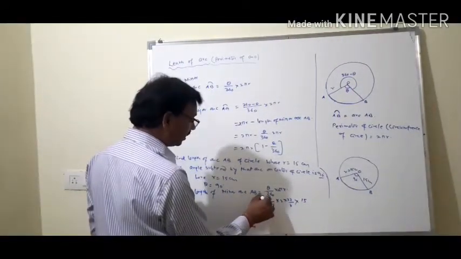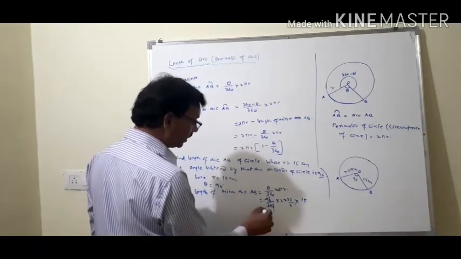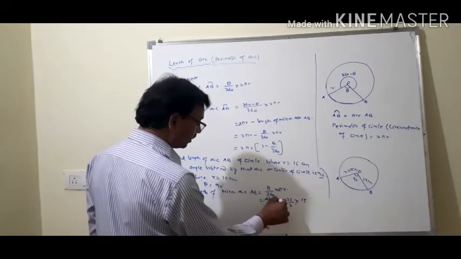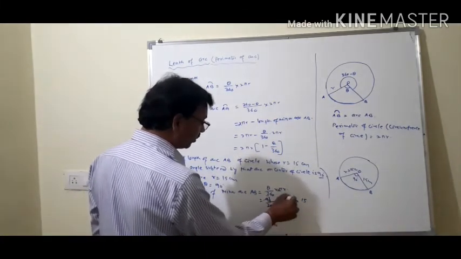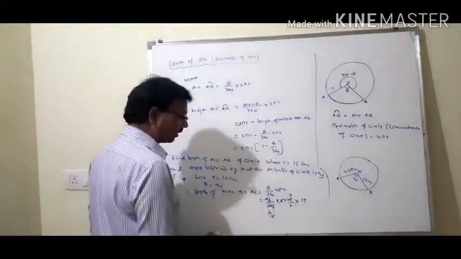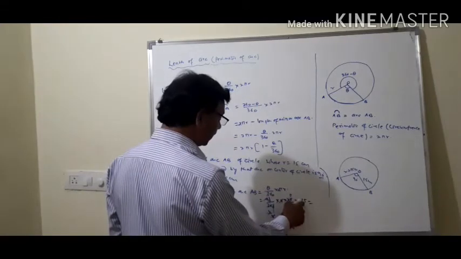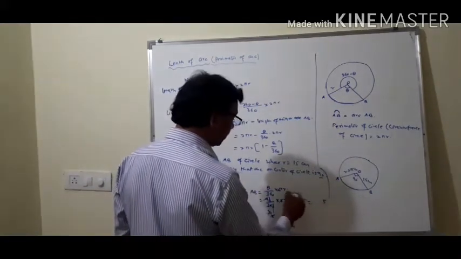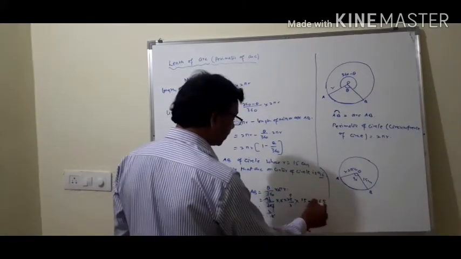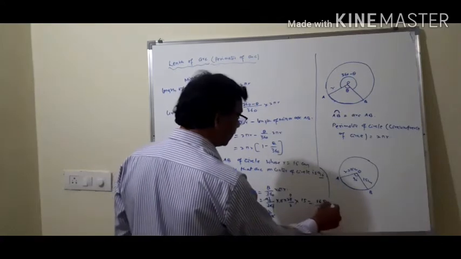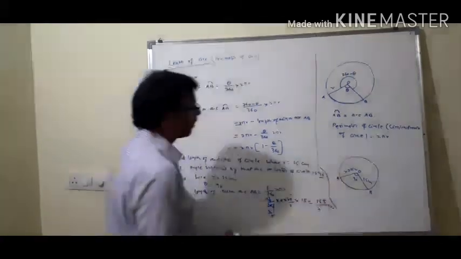This will cancel. 9 fours are 36, 2 twos, and again 2 cancels, 27. So this will be 11 into 15, which is 165 upon 7 centimeter. This is the answer.